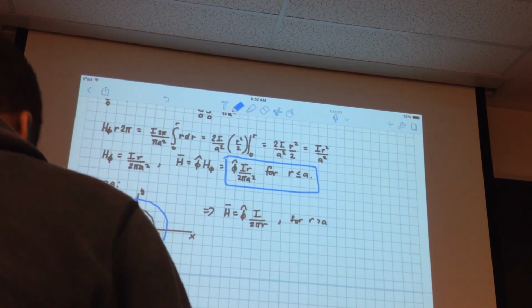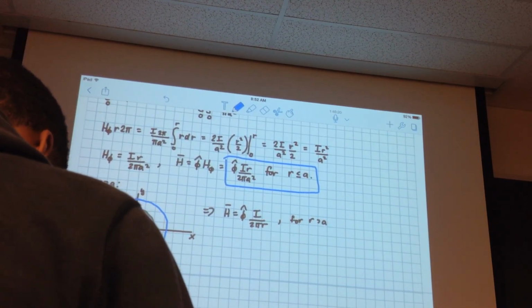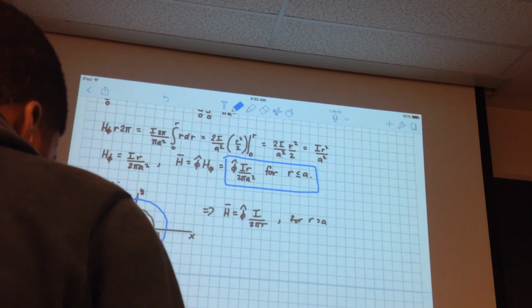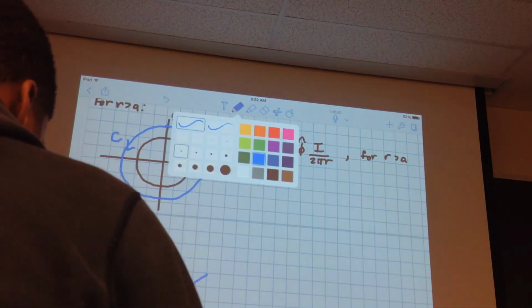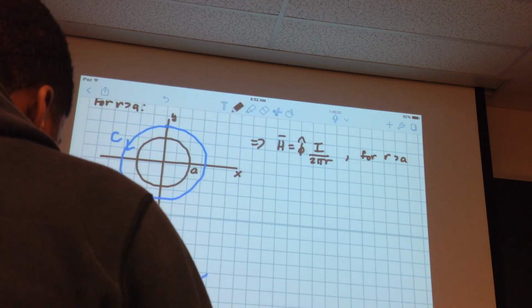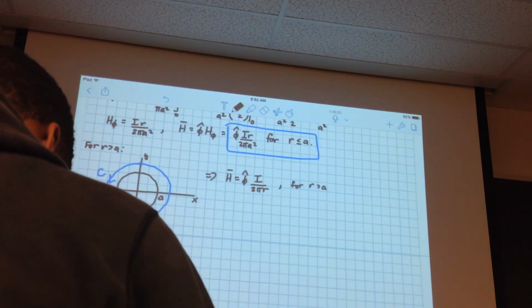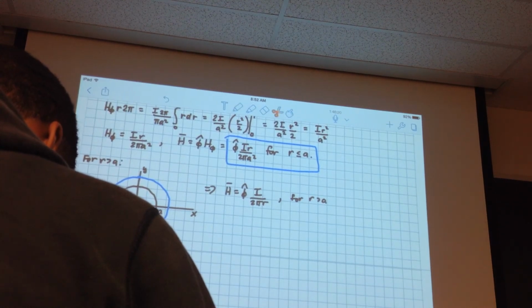So the magnetic field H is increasing linearly with r all the way up to a. The magnetic field is I r over 2 pi a squared.